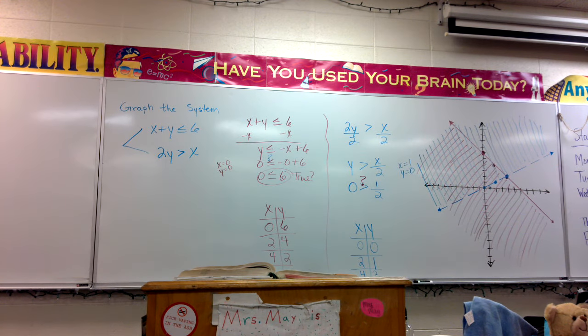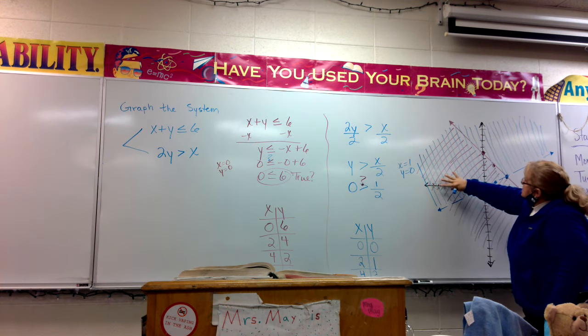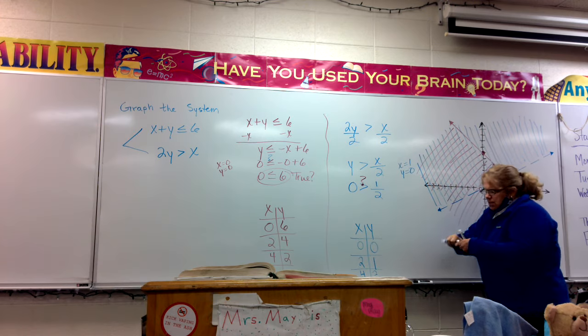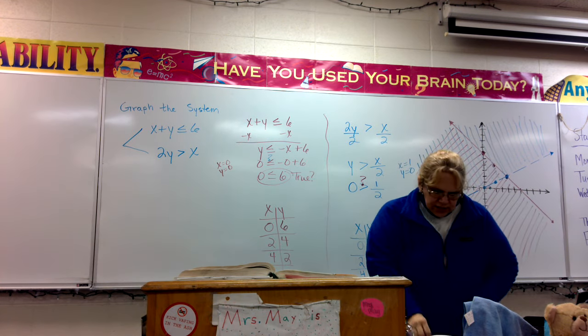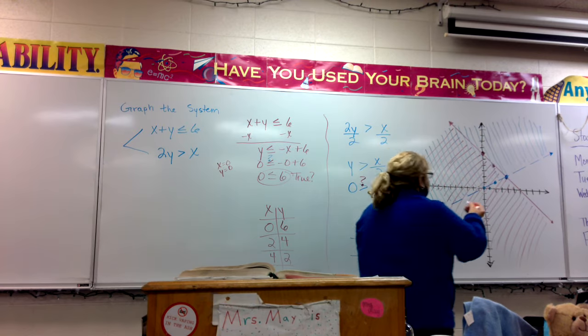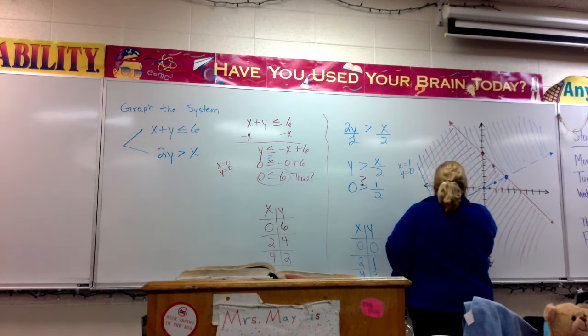Now, remember when we did it for the lines, we were looking for where the lines crossed? Same thing here, except now we're looking for where the areas overlap. So this means in this section right here, I usually tell everyone to take a darker color and color in this section really good.